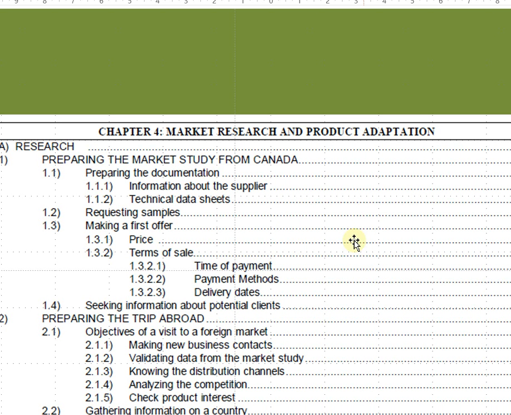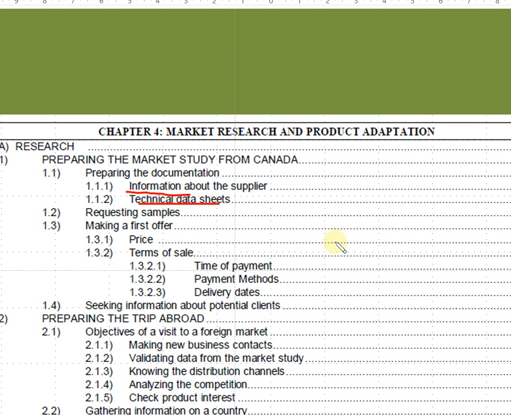The information about the supplier, okay, the technical data sheet. Here, I'll underline this one. The technical data sheet is the technical document which describes your product, whether it's your machinery or your utensil, whatever product.